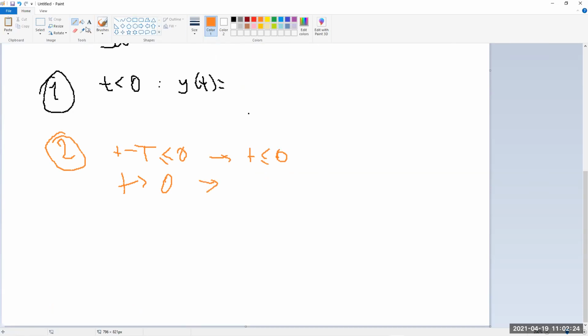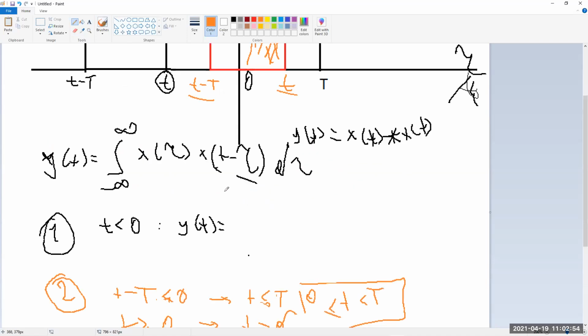Pardon me, this must be t. Okay, t greater than 0, and the equalities can be that way. It doesn't matter. And this is our boundary.